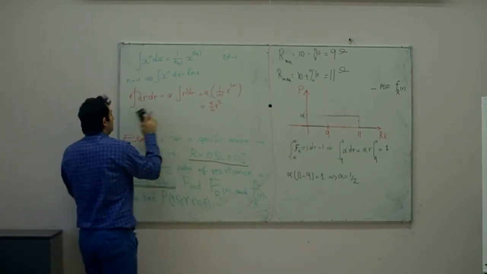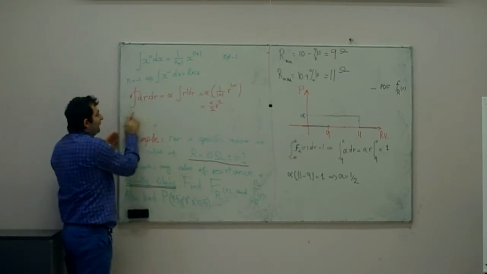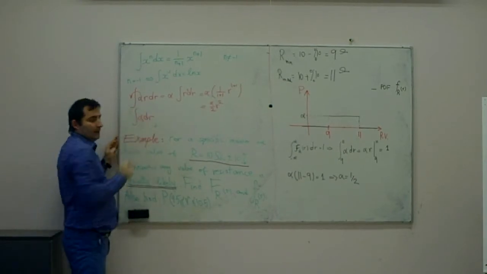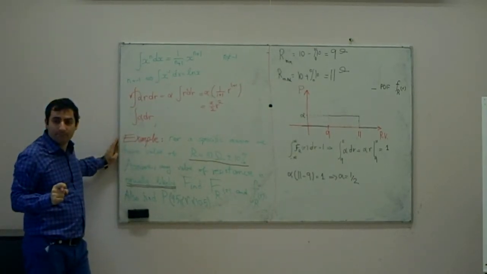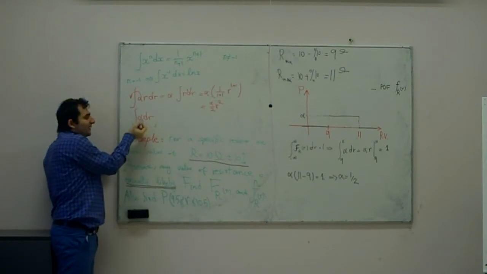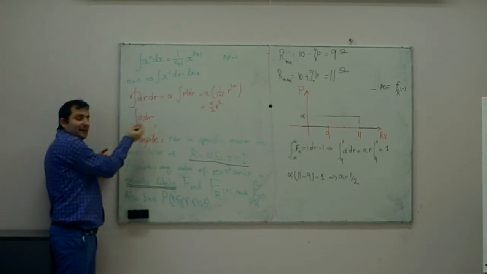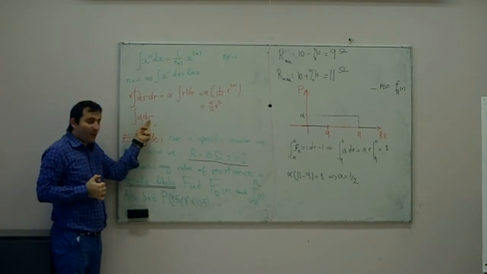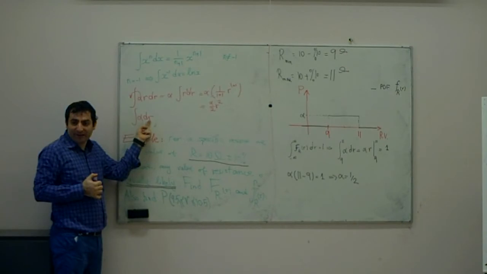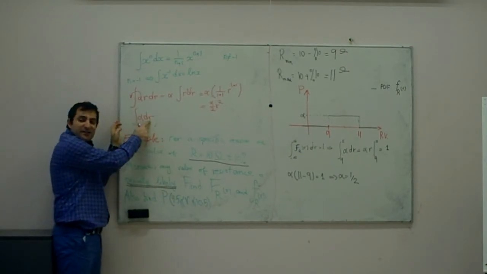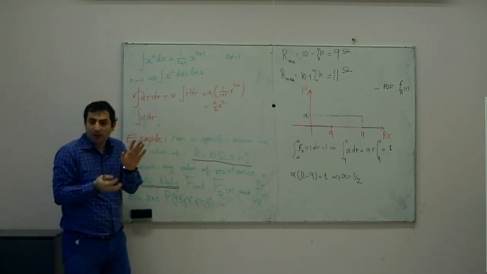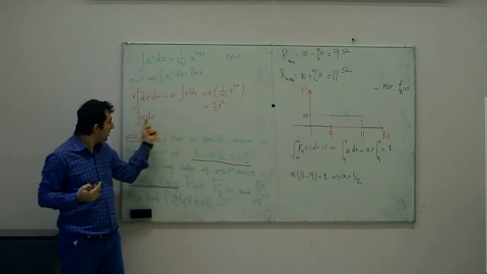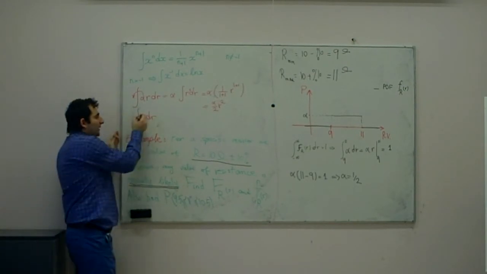Now, if I have alpha dr, let's see about that. What is the relationship of alpha and dr? Remember, this dr shows you what the variable of integration is. If this variable of integration is r, anything which is not r is a constant. Maybe alpha is changing, but with respect to r, we don't have any r in here, so we put it out.